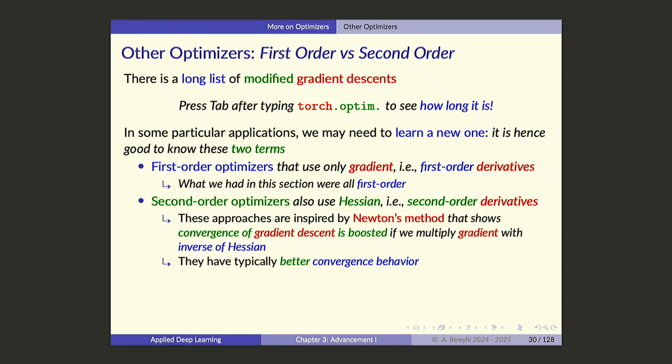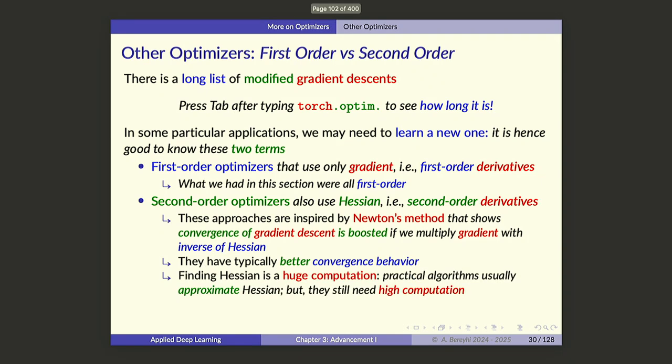One iteration of this could cost you thousands or maybe hundreds of thousands of iterations of a simple first order algorithm. So it is better in practice, but it's huge in computation.